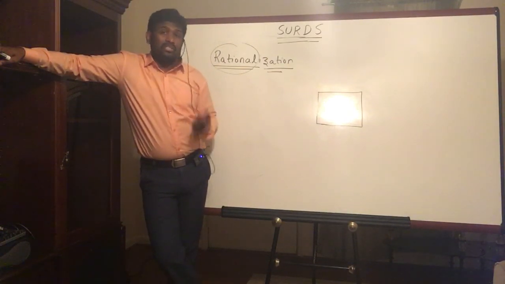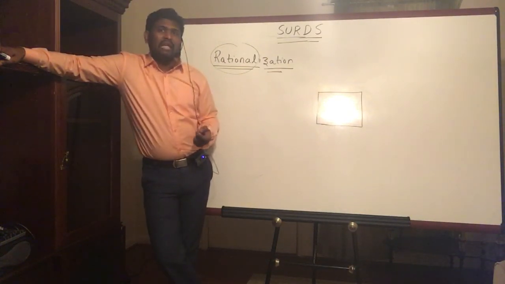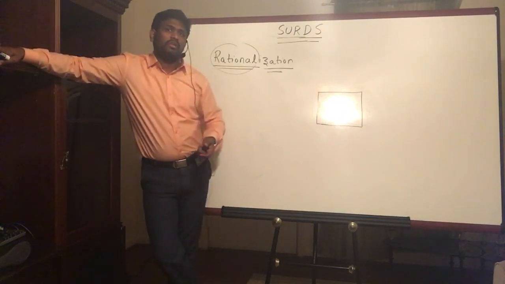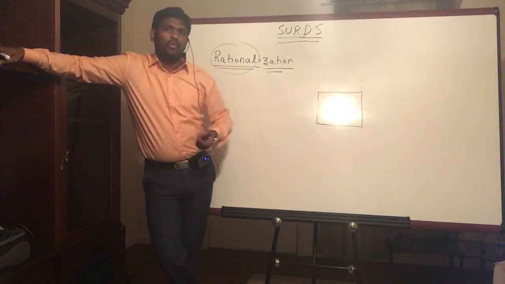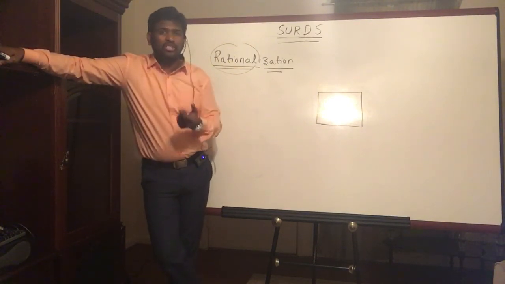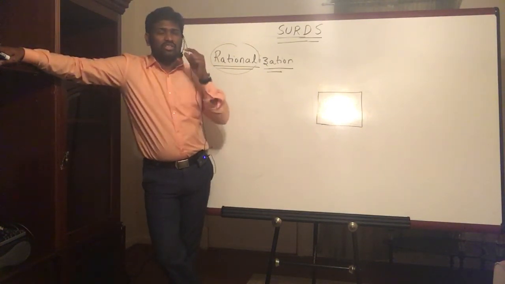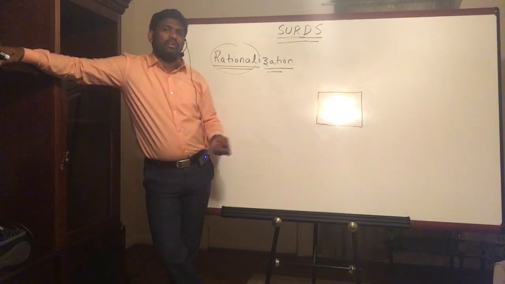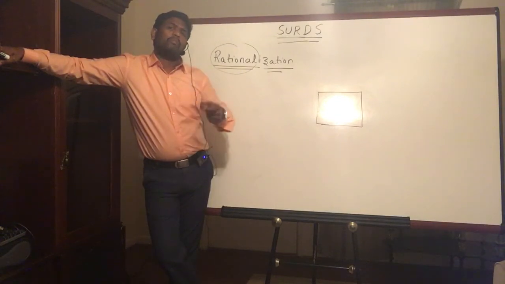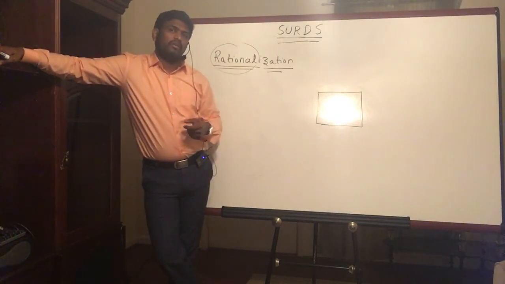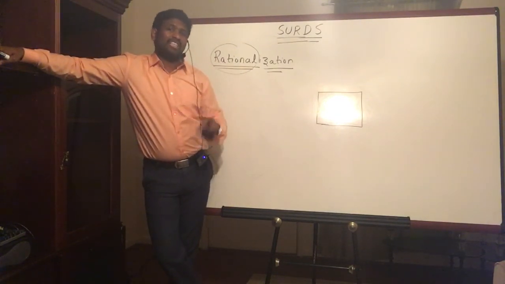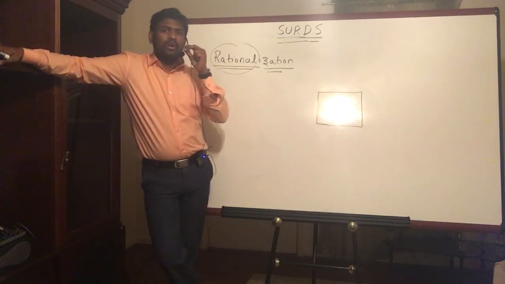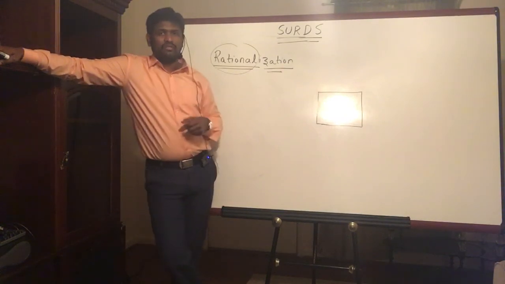So the process of converting an irrational number into a rational number by multiplying with another irrational number is called rationalization. The process of obtaining a rational number by multiplying with a suitable irrational number is nothing but called rationalization.